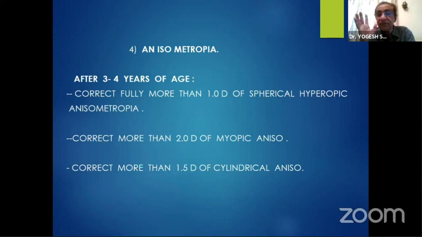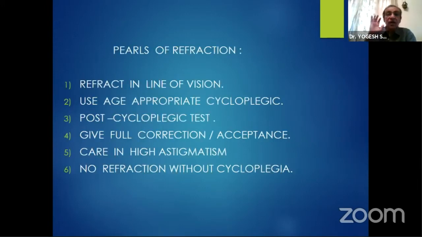Is it clear? Now, pearls of refraction. Having said that, when you start treating a child who has come to you with refractive errors, and you have decided that this child needs treatment and correction, what are the parameters or guidelines for managing this? Now, these are refractions in the line of vision of a child, not parafoveal or perifoveal.